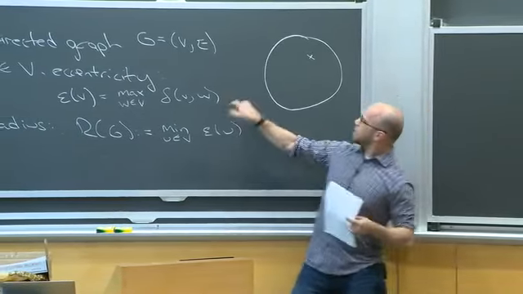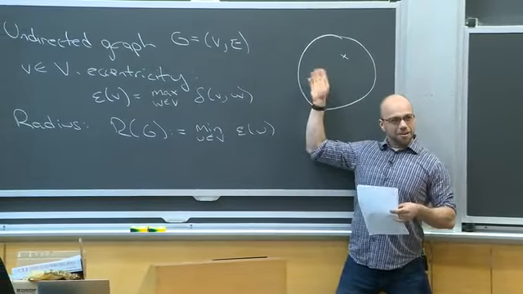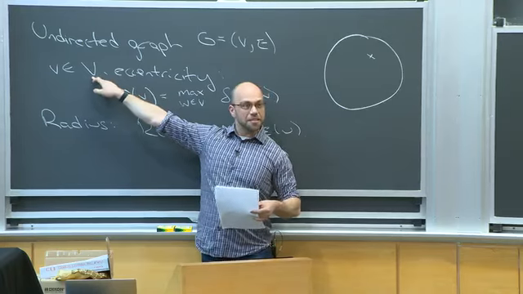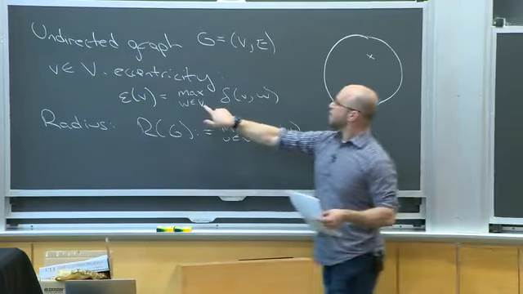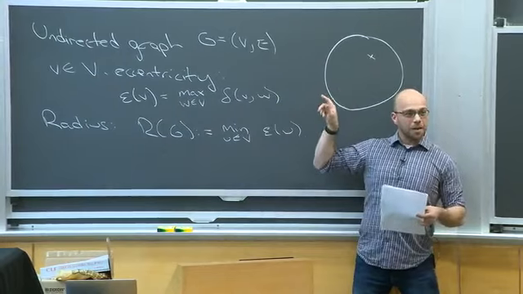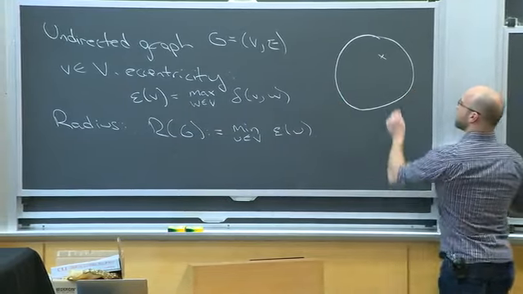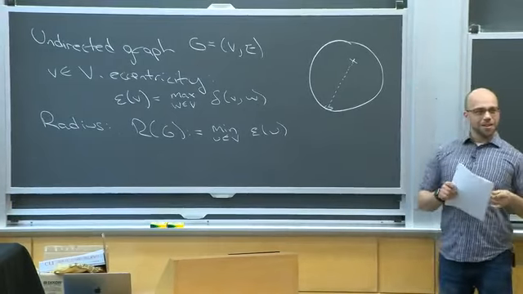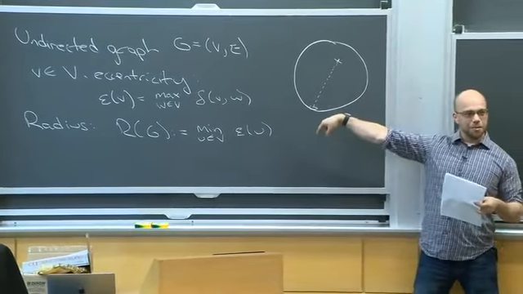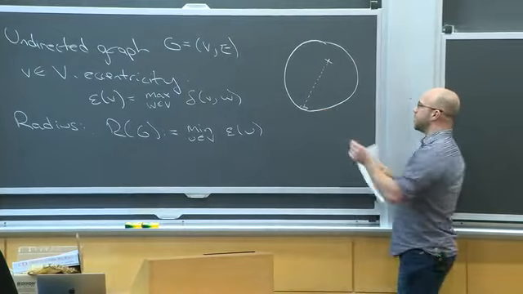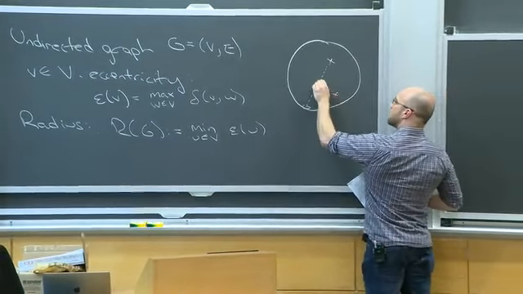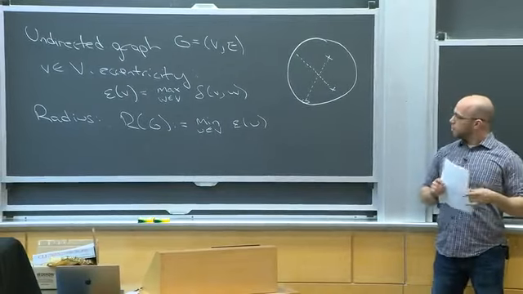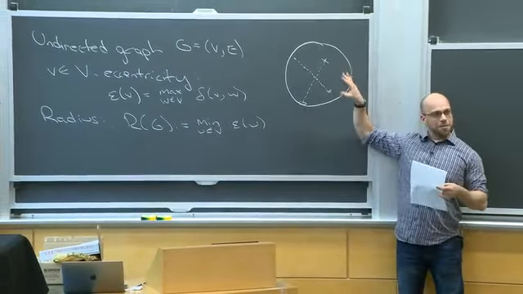Anyway, if we think of the circle as some analog of our graph, and I draw a point, which might be the analog of a vertex, then what is the eccentricity? It's the distance to the farthest away point. For this point, it might be the length of this line. For every different point that I draw, each point has its own farthest away point in the circle, so there's some positive number assigned to every single point in this domain.